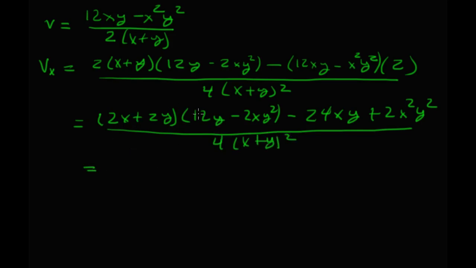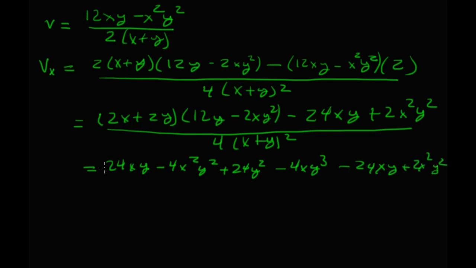Okay, so kind of binomial multiplication here gives me 24xy minus 4x squared y squared, plus 24y squared minus 4xy cubed, minus 24xy plus 2x squared y squared, all over 4 times (x plus y) squared.